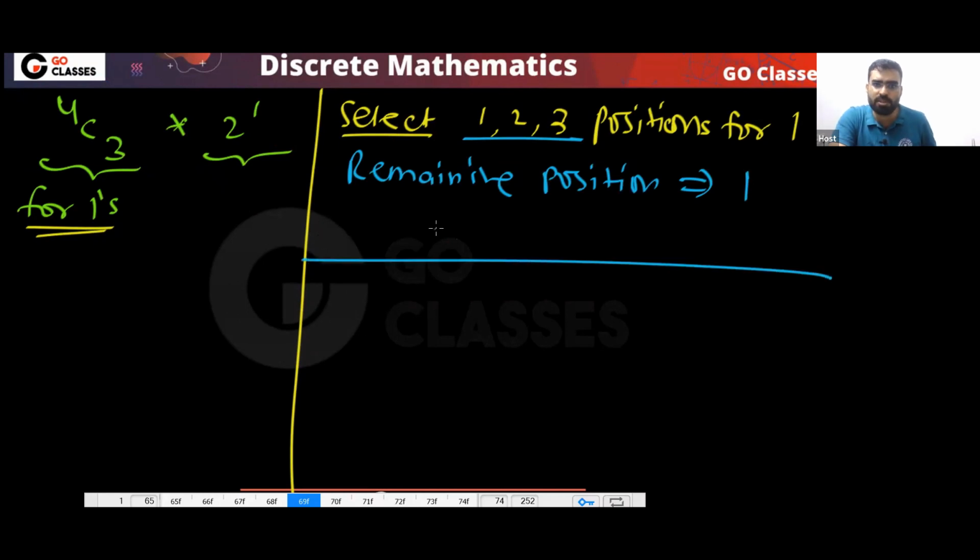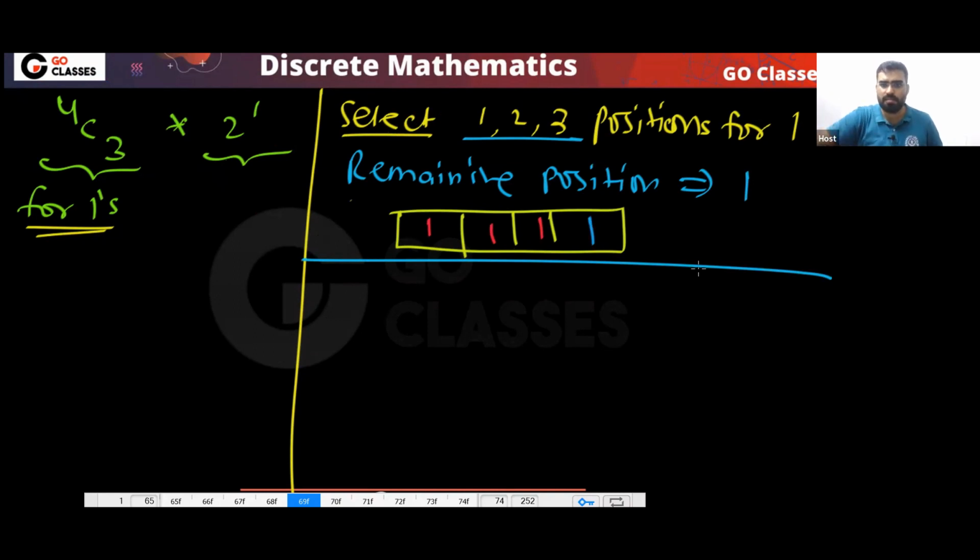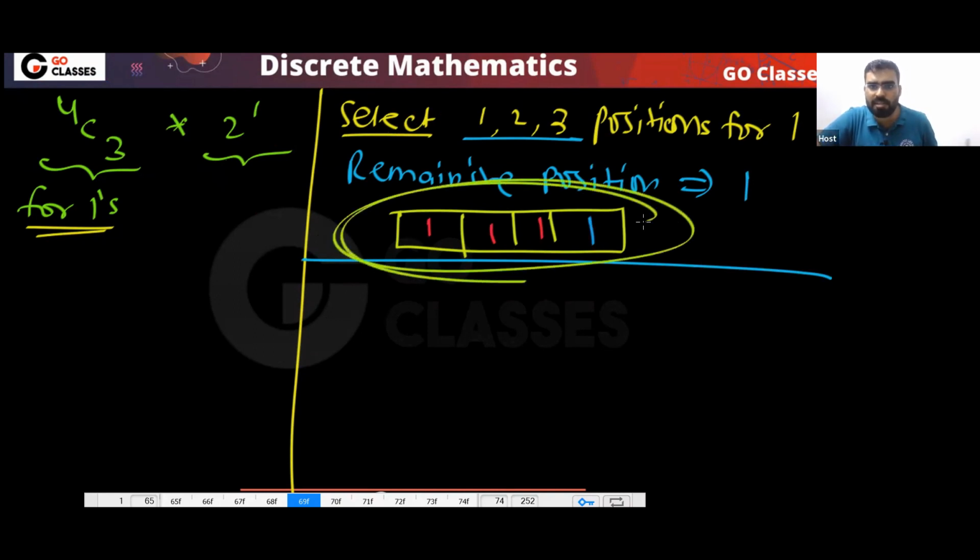What answer will you get with this selection? These positions will have 1 1 1 reserved for 1, and this position will have 1 because the remaining position has 1. Now this same answer you will get in 3 different ways.